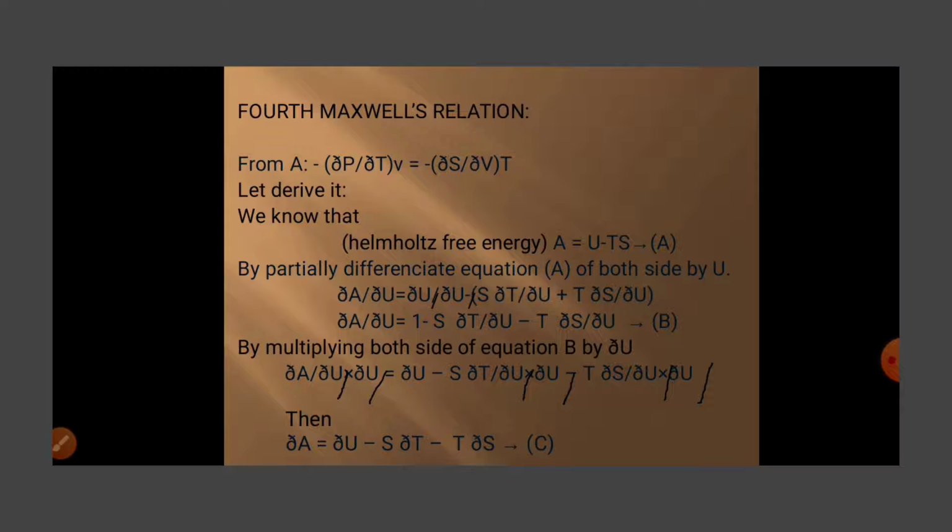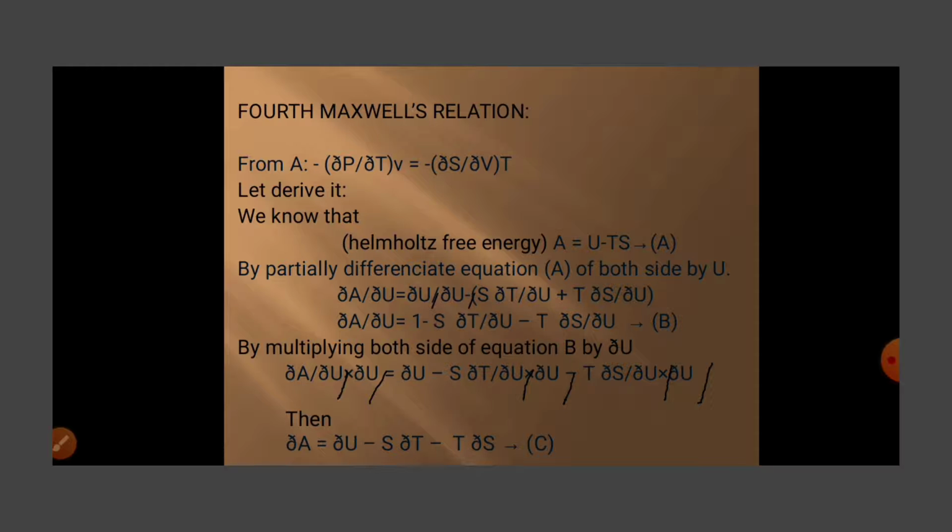So it will become ∂A/∂U equal to ∂U/∂U minus, as T into S is in the product form, we can partially differentiate in that way, minus S ∂T/∂U plus T ∂S/∂U. So ∂U/∂U will be 1. We can write it as 1 minus S ∂T/∂U minus T ∂S/∂U, because minus into plus is minus. We can write it as equation B.